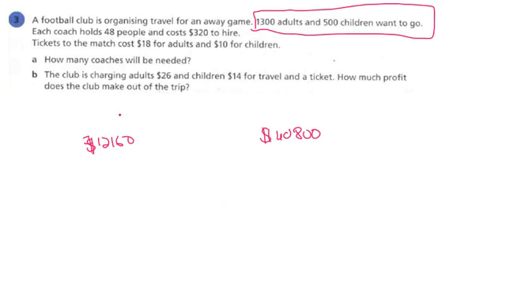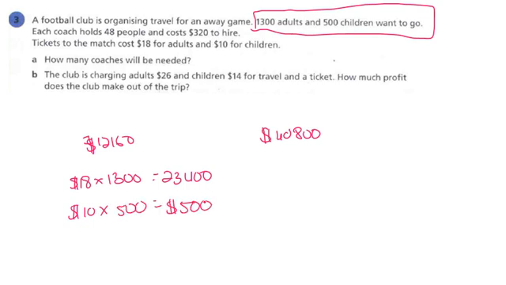We also need to calculate that the tickets to the match are $18 for adults and $10 for children. So $18 times 1,300 adults is 23,400, and $10 times 500 children is 5,000.